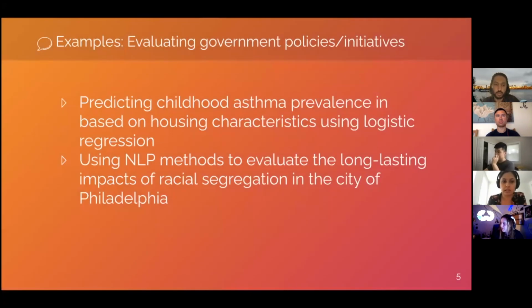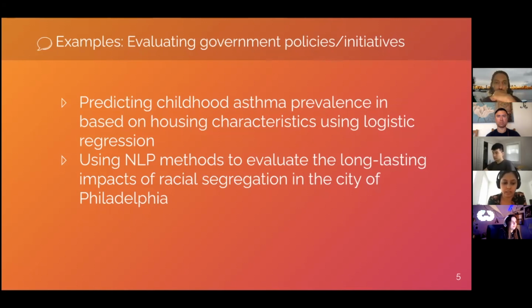So I'm just going to give you a couple of examples that I've worked on that I thought might be interesting. One of the projects I've worked on is predicting childhood asthma prevalence. Basically, there's a government agency called HUD, which focuses on housing in the United States.